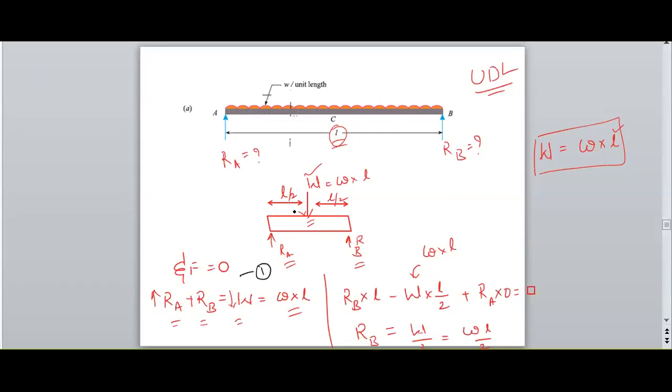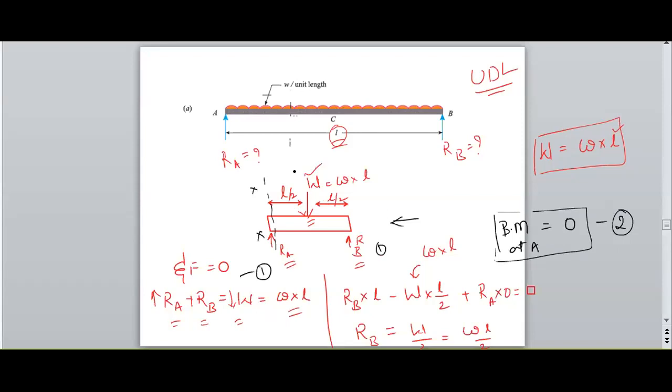And the second equilibrium condition: I need to consider the section at A, and the bending moment at A needs to be 0. Therefore, there are three forces, moving from the right hand side to the left hand side.